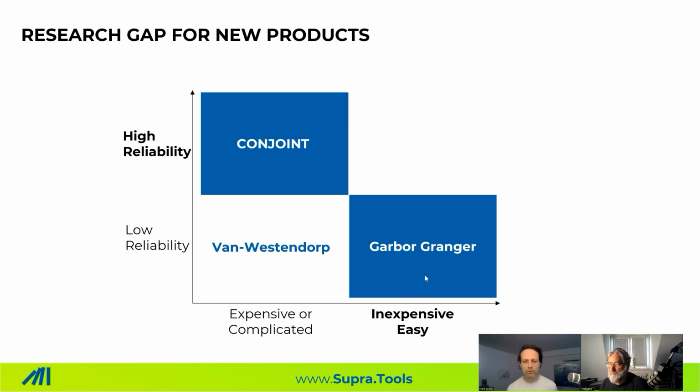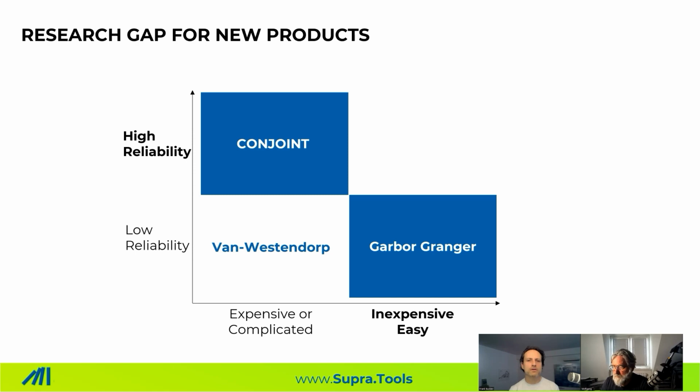Then there's Gabor Granger, which is basically an explicit question: do you want to pay $10? Do you want to pay $8? Do you want to pay $6? Yes, no, or a range. So it's easy to do and easy to understand, so it's inexpensive, but the validity is also quite biased, because it's an explicit question, and there are reasons why people are not able or not willing to tell the truth.